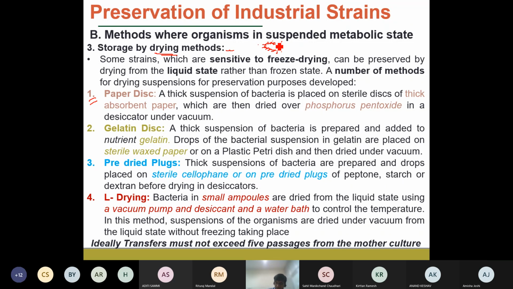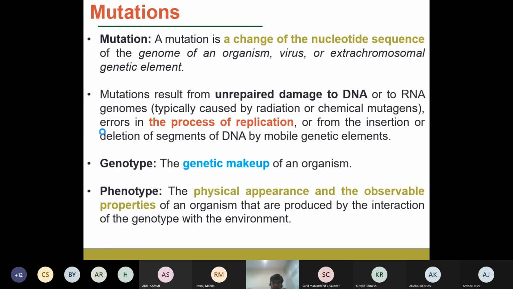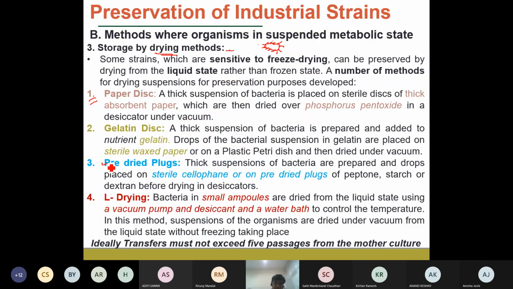To overcome that issue, we have modified methods. There are generally four modified methods: the paper disc, the gelatin disc, the pre-dried plugs, and L drying. We'll look briefly at the chemical components that are used in these methods.